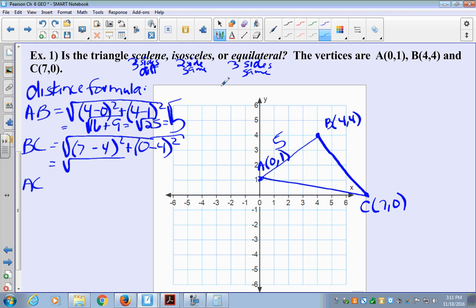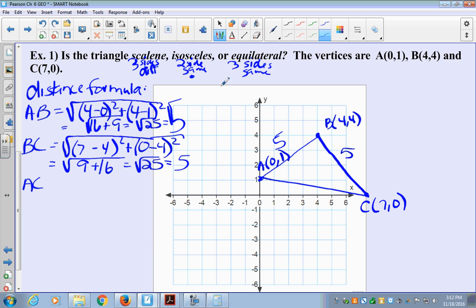So 7 minus 4 is 3, and 3 squared is 9. 0 minus 4 is negative 4, and negative 4 squared is 16. So 9 plus 16 is 25, and the square root of 25 is 5. That goes on BC.